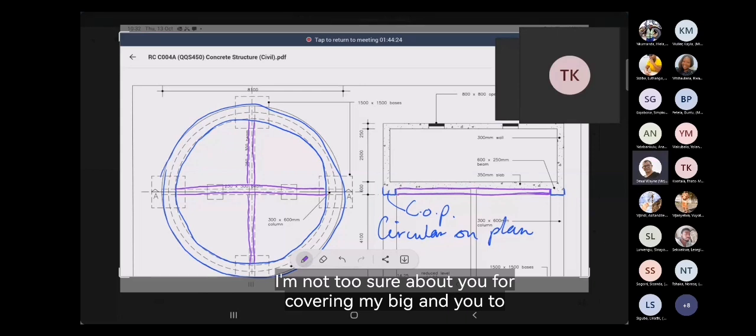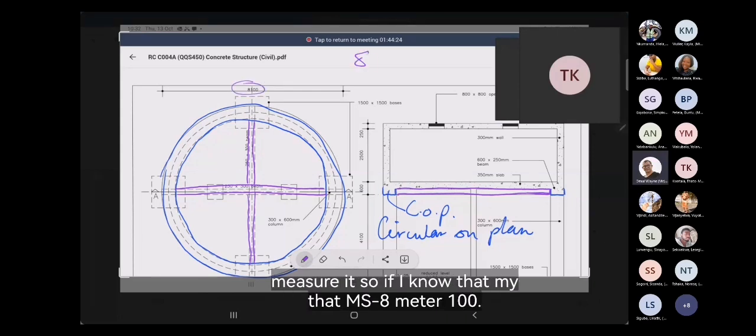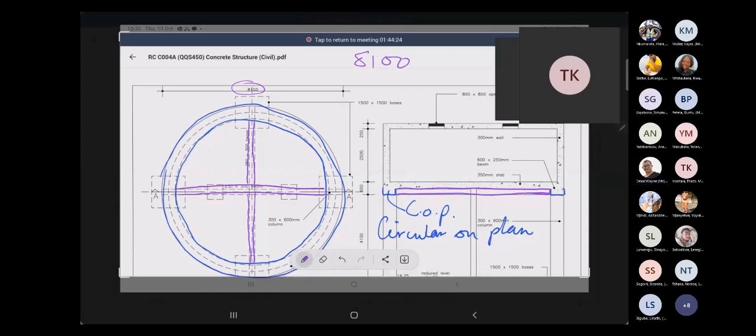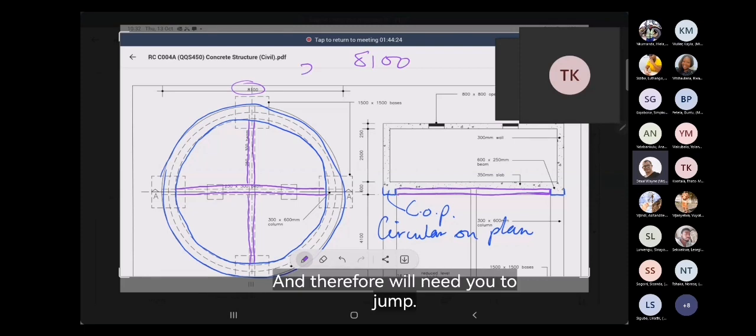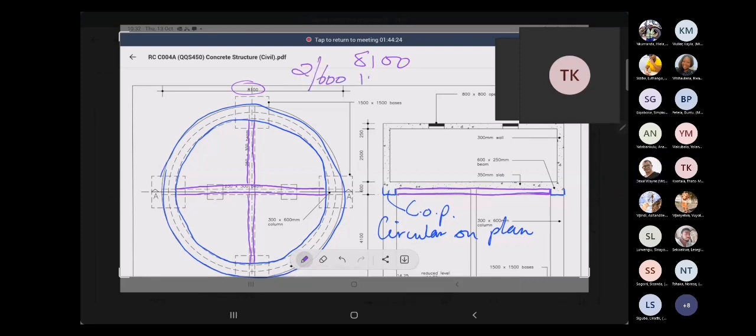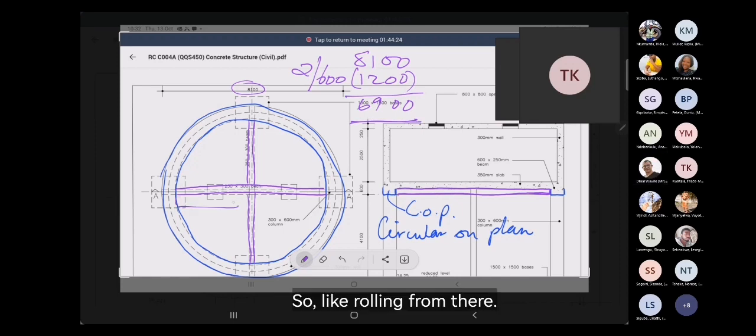So I need to measure my reinforced concrete in my beam. If I know that my diameter is 8 meter 100, I therefore will need to deduct, so my overall length from there is 9, got it?